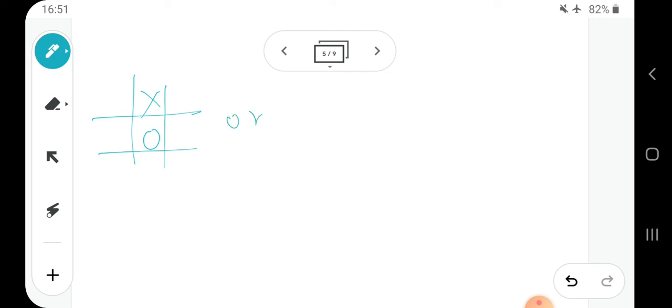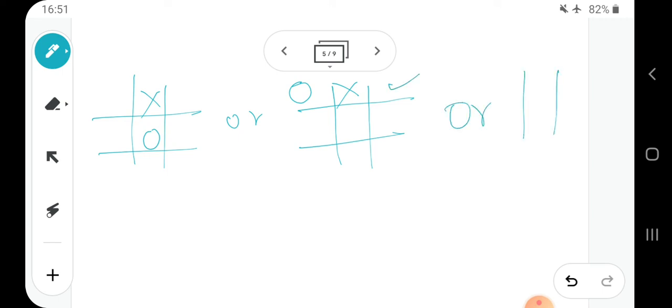Or if it covers here, that is similar to this. Or if it covers here, then that is similar to this.